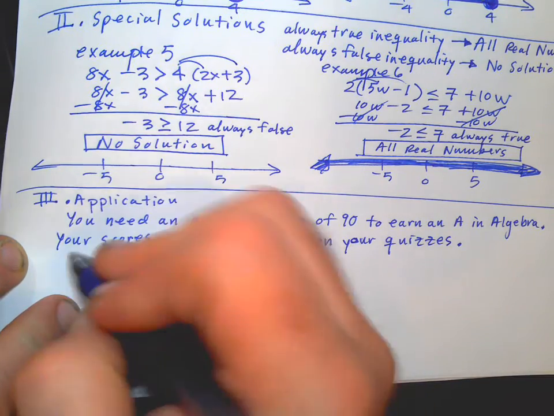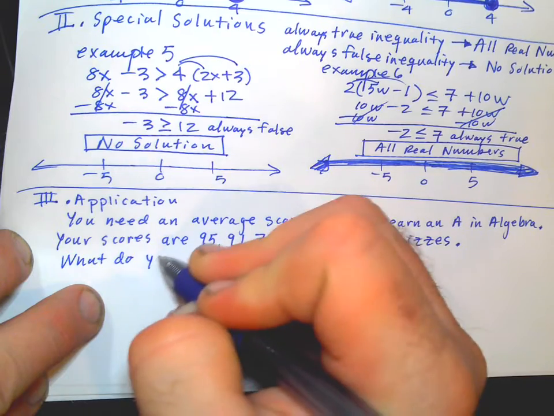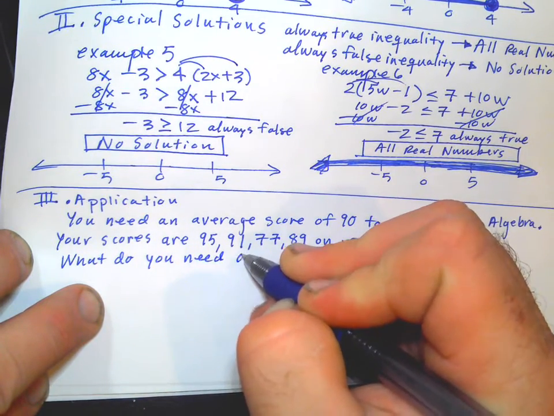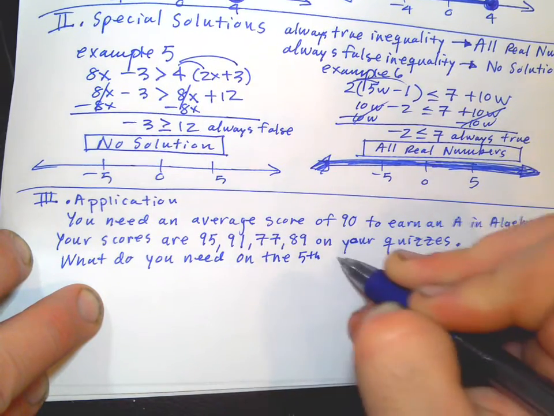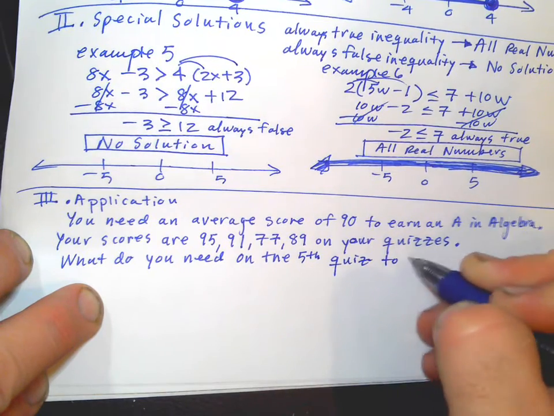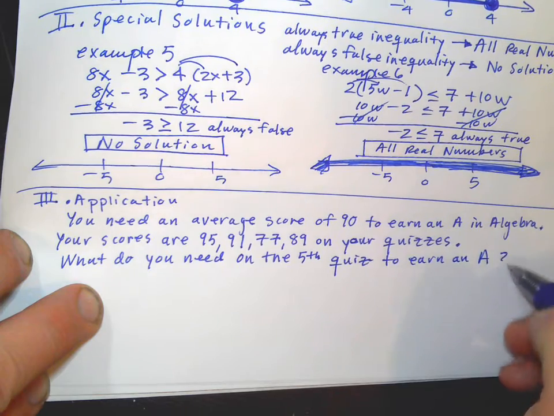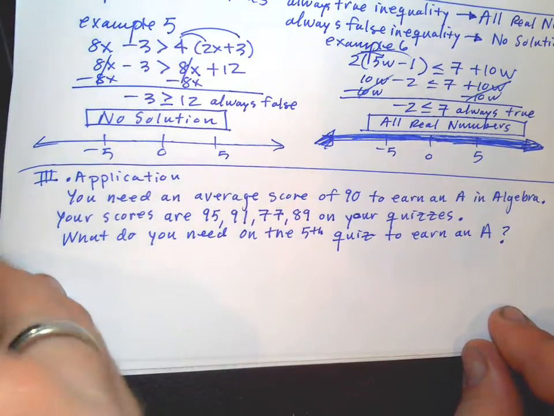Those are the scores. What do you need on the 5th quiz to earn an A? So pause the video if you need to. Write that down. What do we got to get on the 5th?